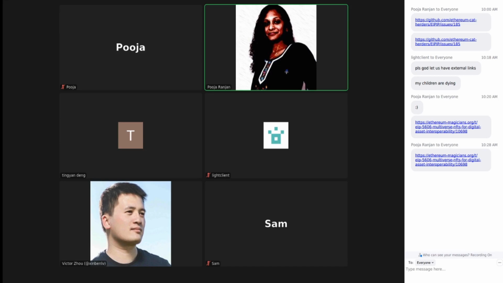But I'm not sure why we want to have some links, which may come up with some legal issues, added into the Ethereum repository. So by the time we have a consensus on that, if people want to make use of the existing process, I think the easy way out would be sharing that information with the help of Fellowship of Ethereum Magicians and keeping your EIP as clean as possible.